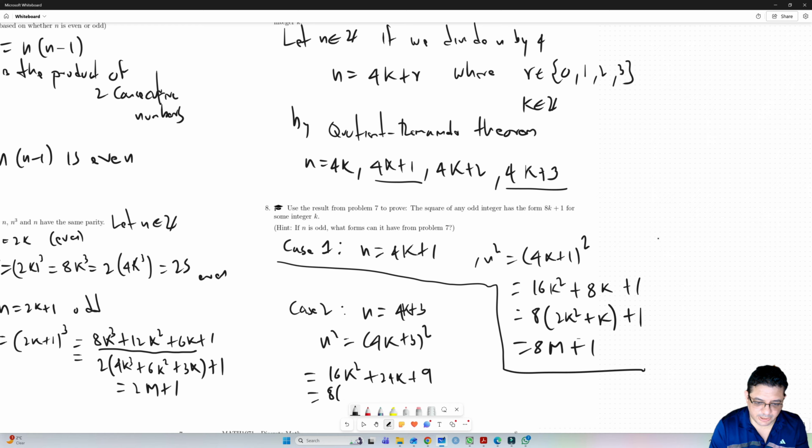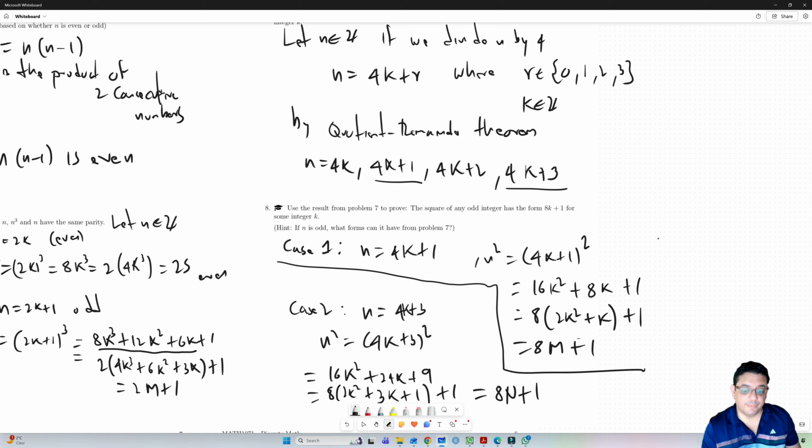So I'm going to factor an 8. It's going to be 8 times 2k squared plus 3k plus 1, and then plus 1. And so as you can see, this is also going to be 8 times an integer, plus 1. So both of these cases have the same shape. All right, see you in part 2.